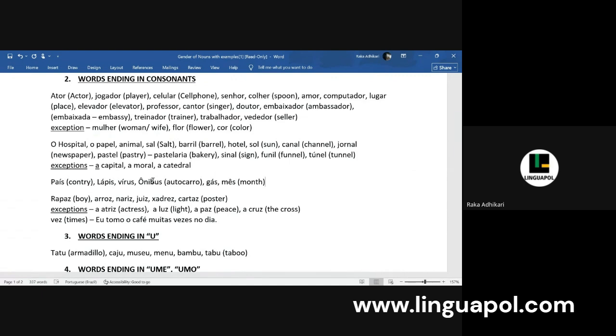Then we have the words ending in Z. Okay. So words ending in Z, these are very tricky because some words ending in Z are masculine, some are feminine. Although majorly they are masculine, there are many exceptions.